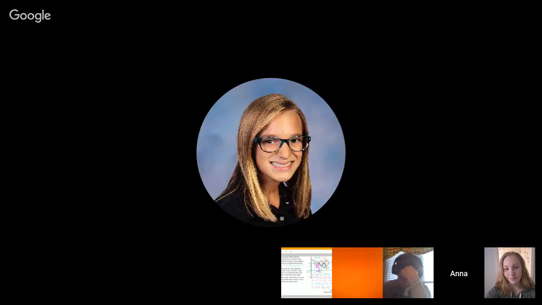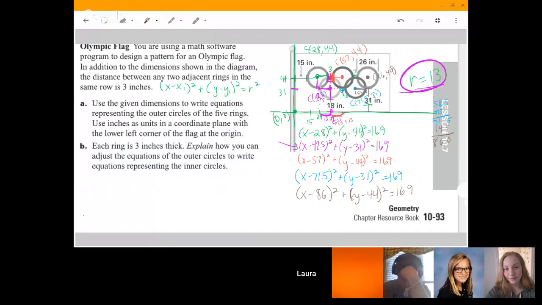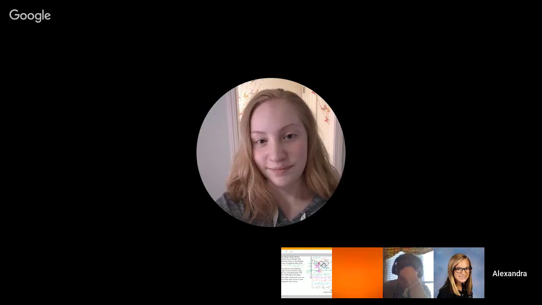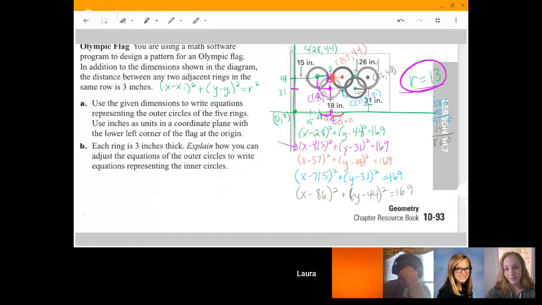All right. Part B says, each ring is 3 inches thick. How can you adjust the equations of the outer circles to write the equations representing the inner circles? So what we were doing, stop, Cruz. We were doing from the center to the outside edge, all those equations we wrote.